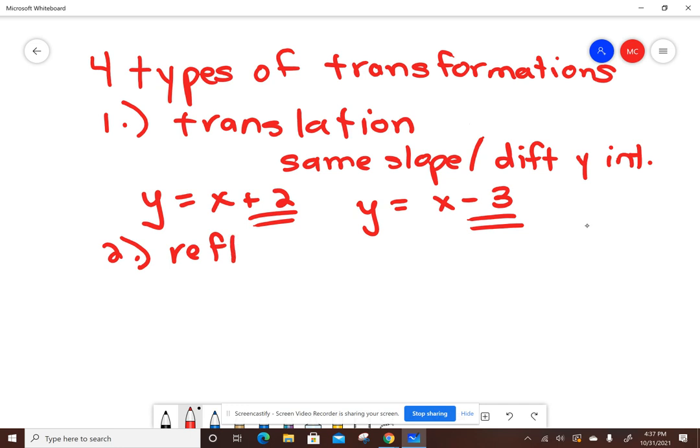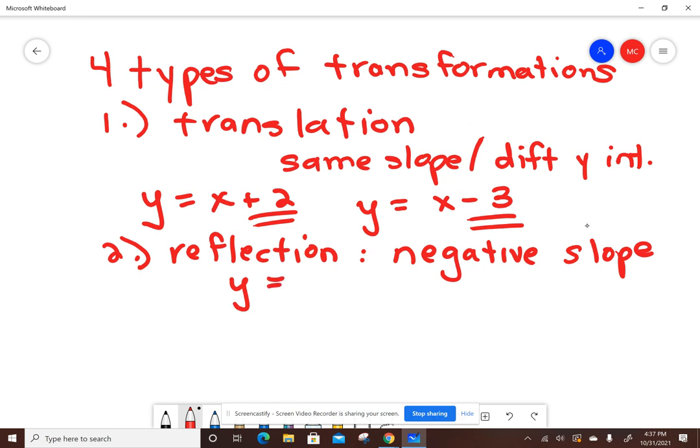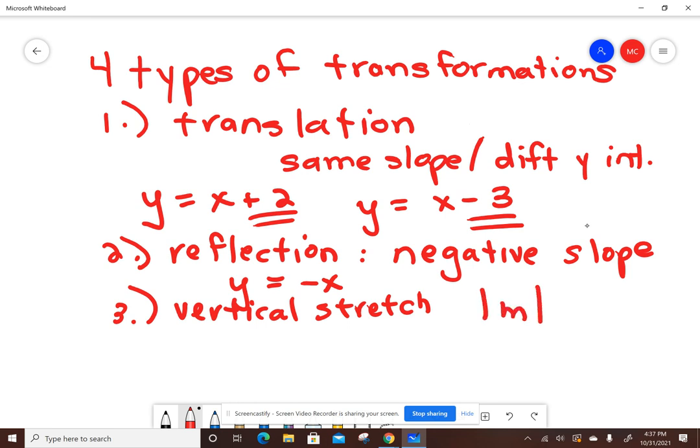Second type of transformation is a reflection. And a reflection means you have a negative slope. So an example would be y equals negative x. Number 3, you can have a vertical stretch. And a vertical stretch is when the absolute value of m is greater than 1, such as y equals 2x, y equals 5x.